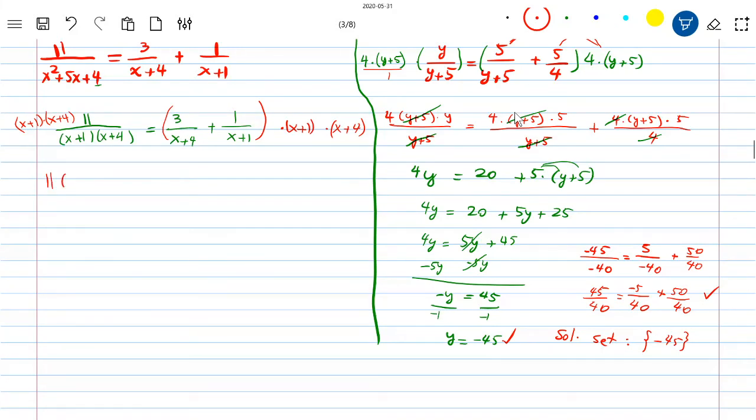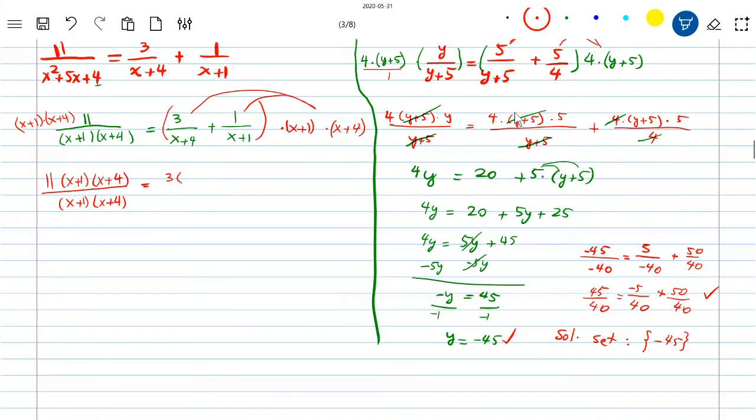You get 11 times x plus 1, x plus 4, divided by x plus 1, x plus 4 on the left, and on the right 3 over x plus 4 plus 1 over x plus 1, with x plus 1, x plus 4 multiplied to the first term as well as to the second term.